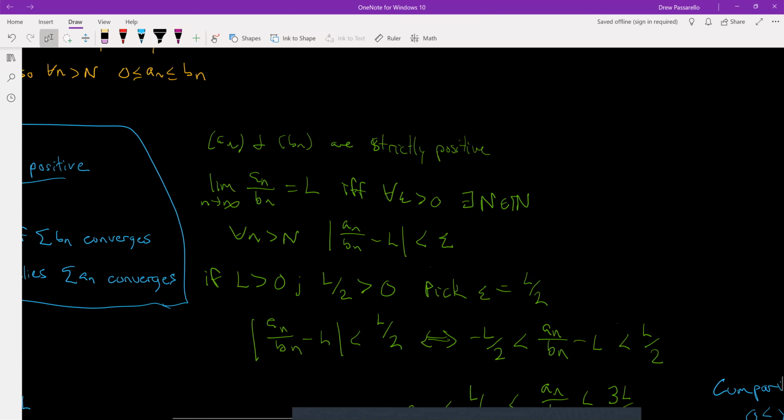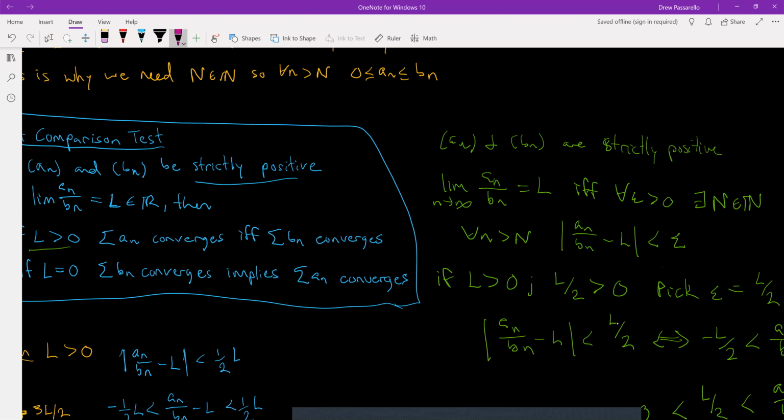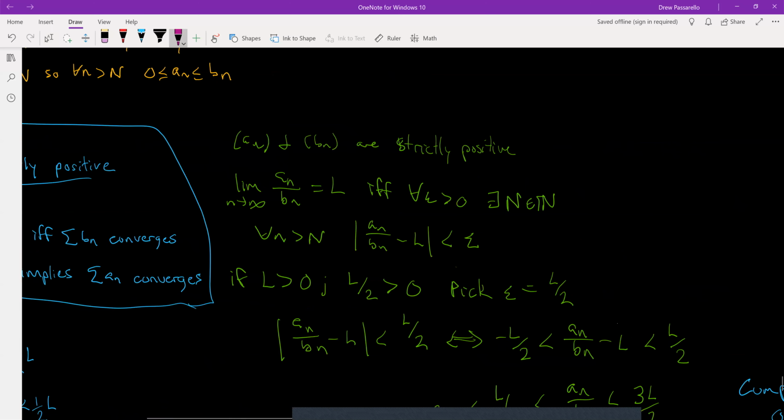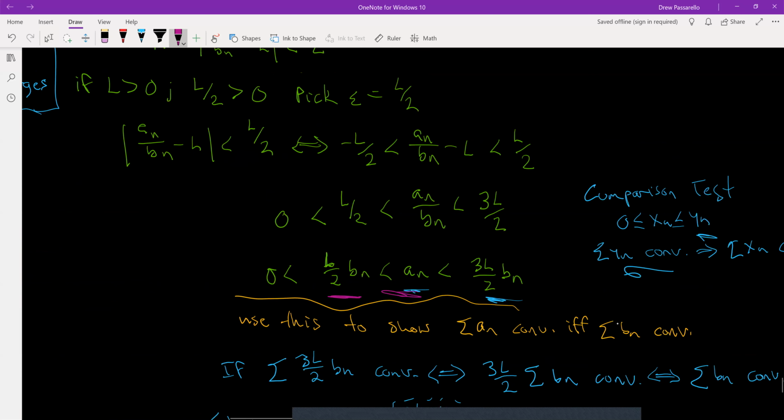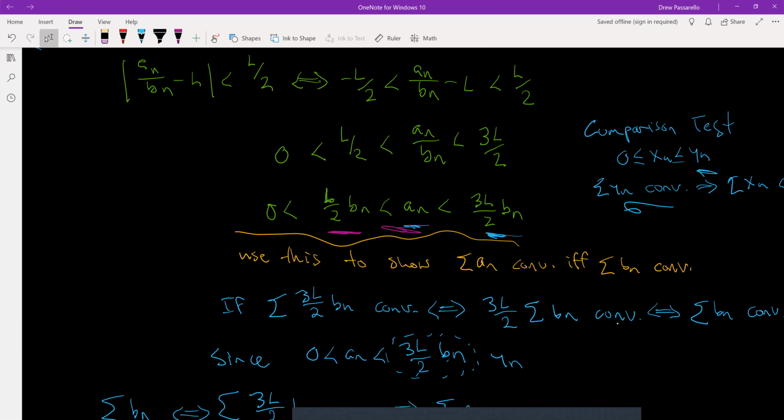And we're taking care of the case of L being greater than 0. So if L is bigger than 0, then L divided by 2 is bigger than 0, and we chose epsilon to be L over 2. And that gave us this inequality. We use this inequality to establish the if and only if part, where the series of an converges if and only if the series of bn converges.